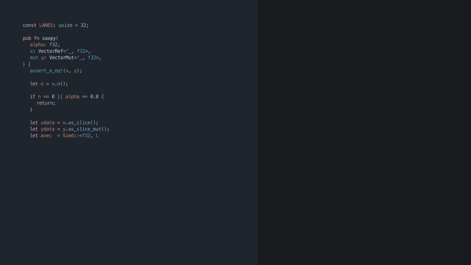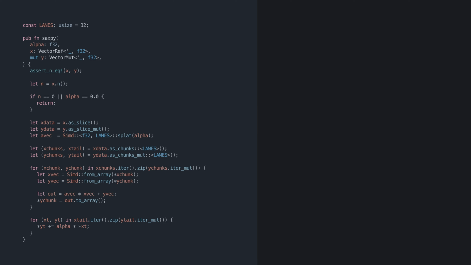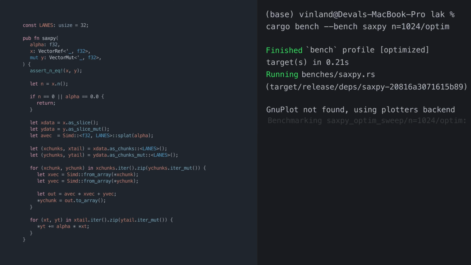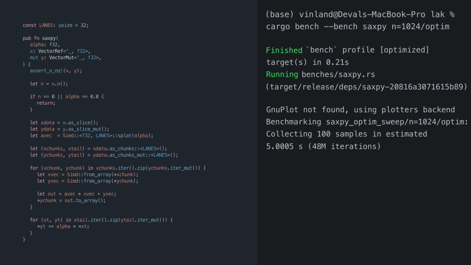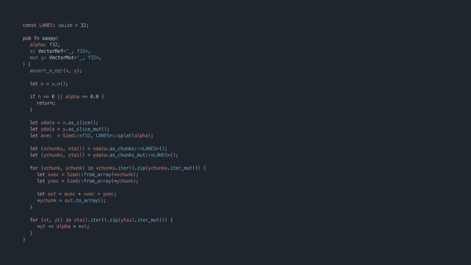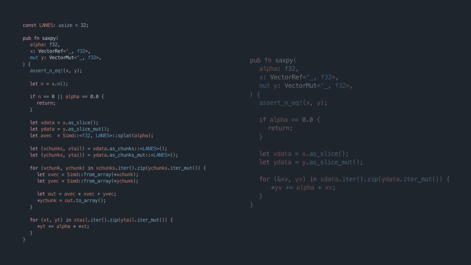Writing the SIMD analog and benchmarking that too, we find the same performance. Comparing both implementations side by side, one is a lot more readable and elegant than the other. What's going on?